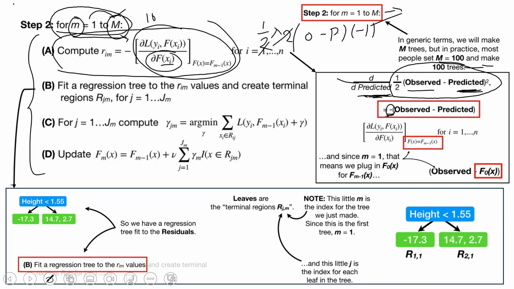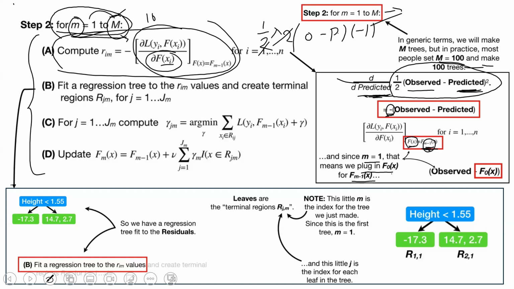Okay. Now let me show you what this actually means. Now you understand this derivative. What is this f of x is equal to f of m minus 1 x? M is the previous tree, right? Since now we are at m is equal to 1, 1 minus 1 is equal to 0. When you're constructing the first tree, m would be equal to 0. That means since m is equal to 1, we plug f naught of x in f of m minus 1 x.